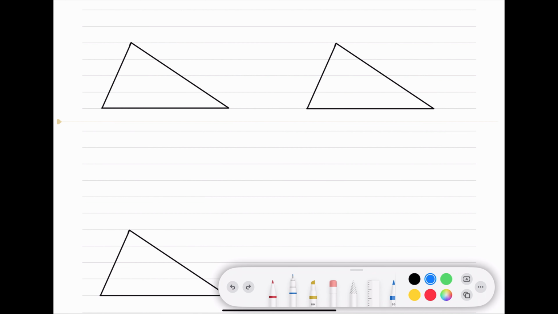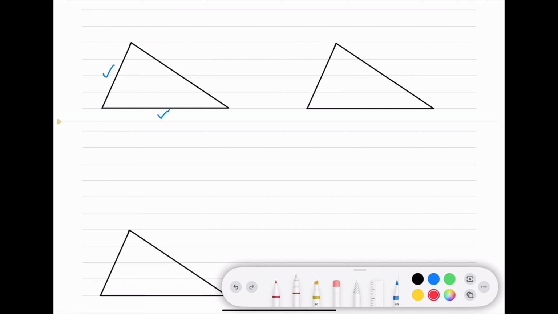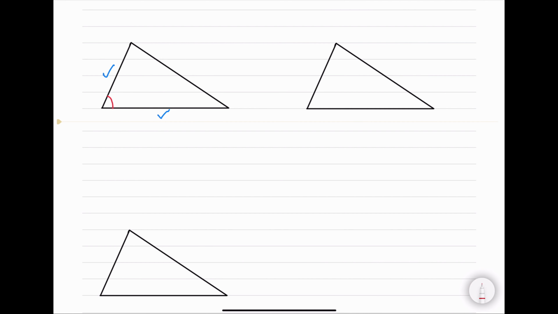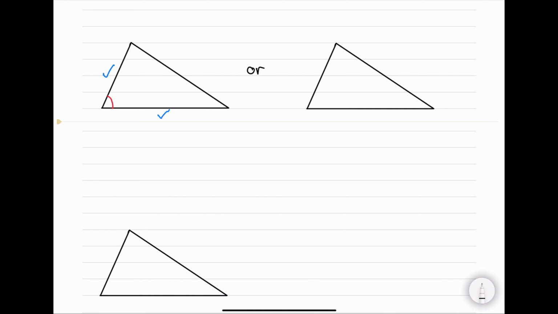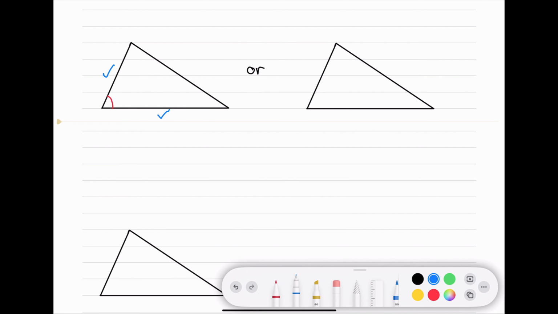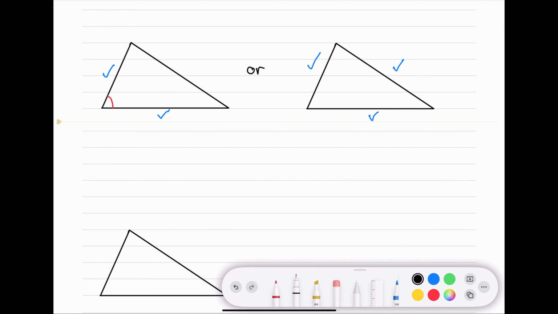Let's say you have a triangle where you have this side and this side and this angle. Or when you have a triangle where you have all of the sides, then you use the cosine rule.